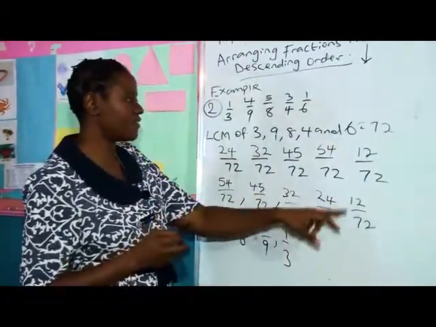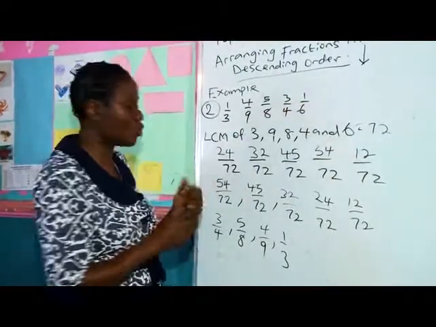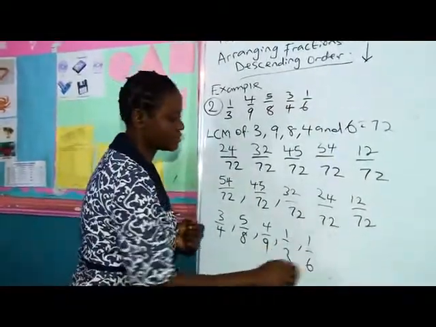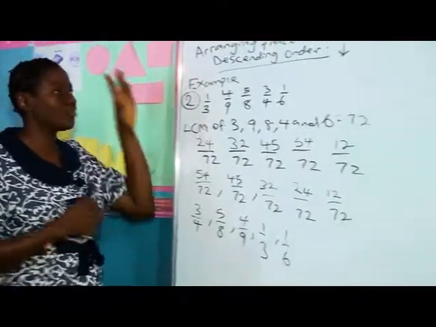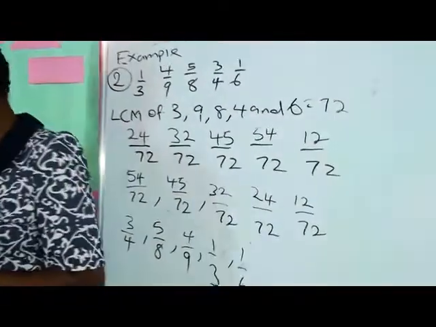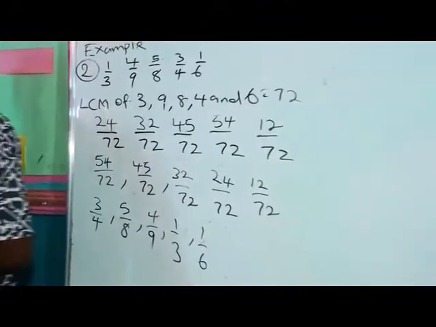And lastly, 12 over 72 is 1 over 6. I'm sure you got that. So we've been able to arrange these numbers in descending order.